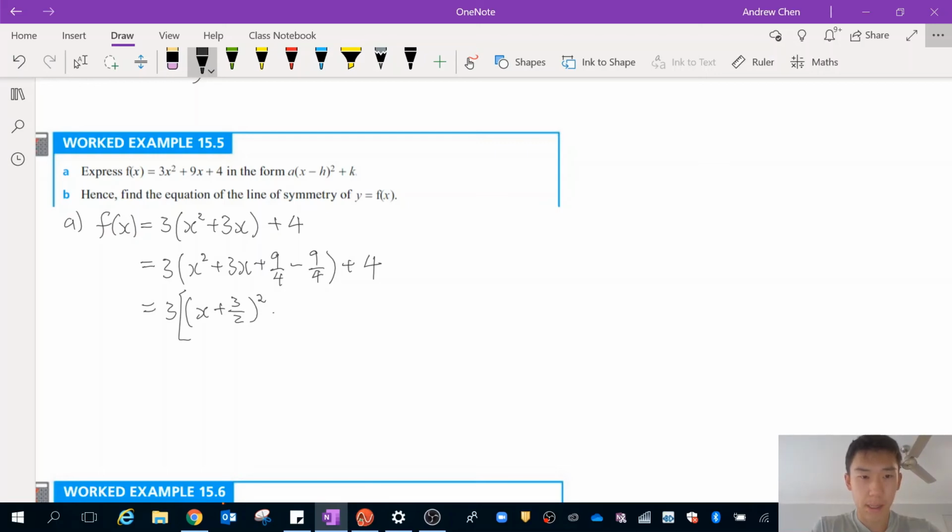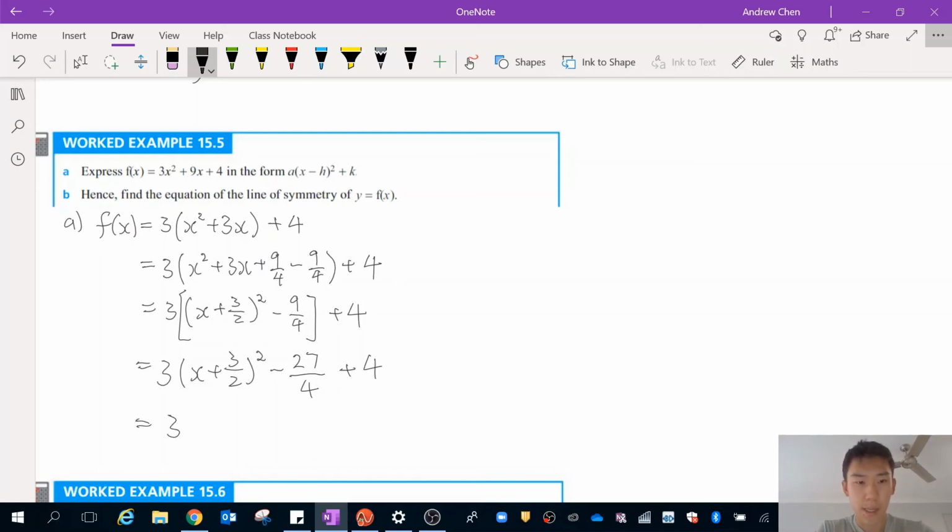All right, and then take the 9 on 4, and then plus 4. I almost mucked that up. And then we don't want the square bracket, so let's expand. So now we have 3 outside of (x plus 3 on 2) squared, take 27 on 4 plus 4.